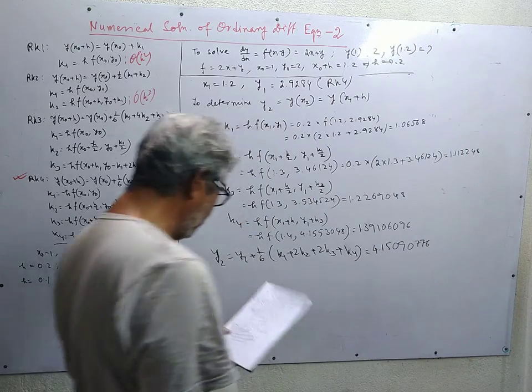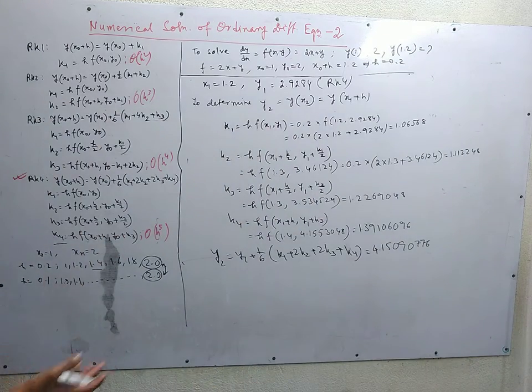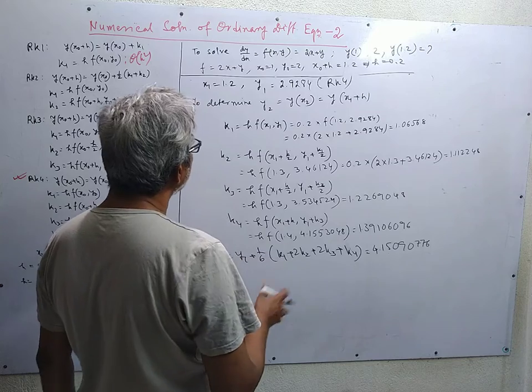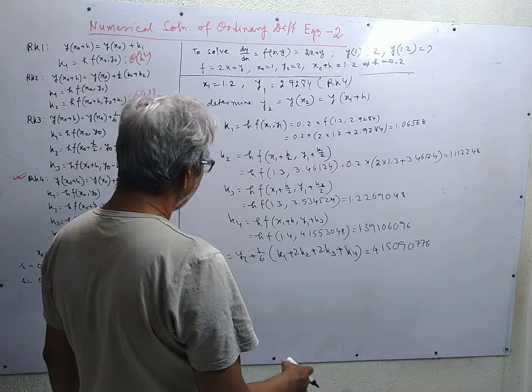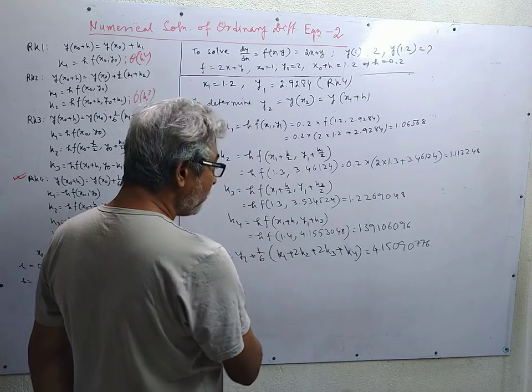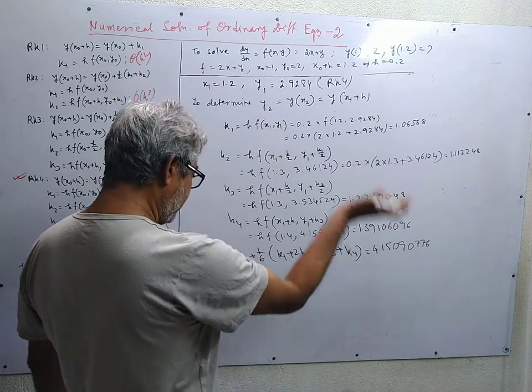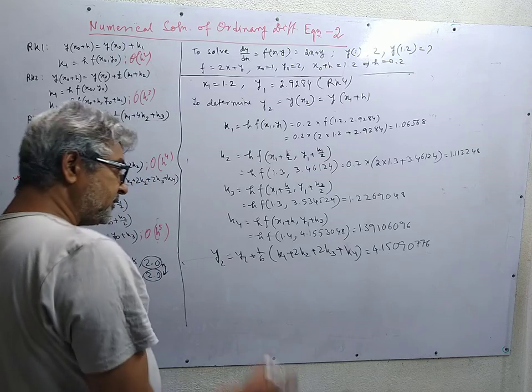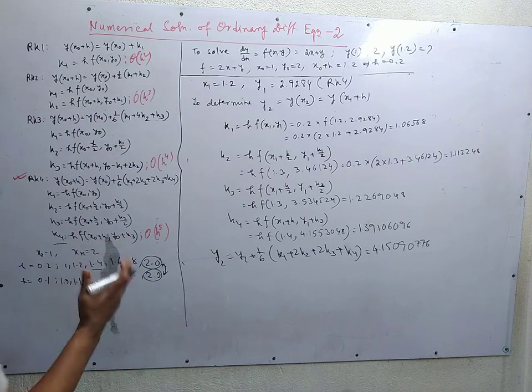Now we can use these values, x2 equal to 1.4 and y2 as this, to calculate y3, that is y at x equal to 1.6, and by this way we can proceed from one step to another.